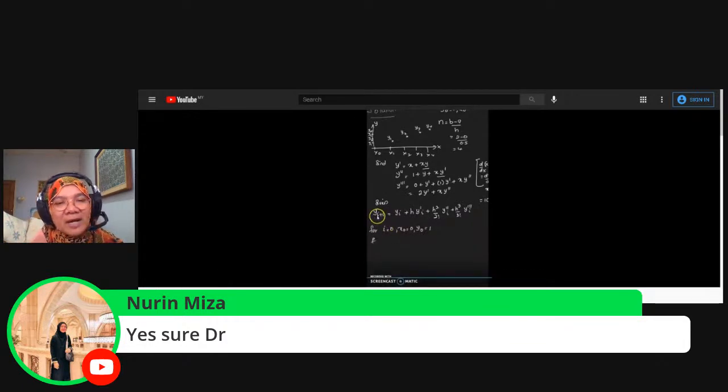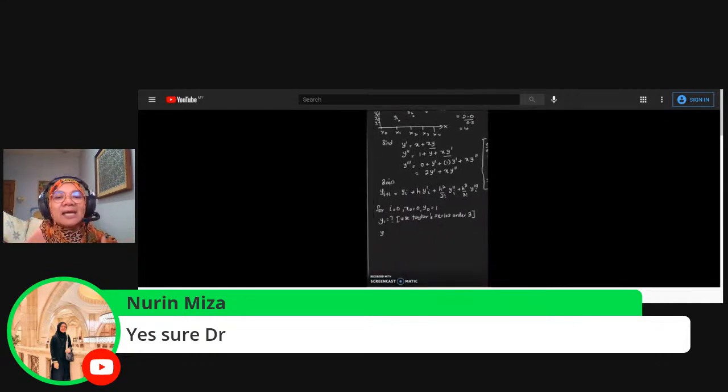So now we have y prime, y prime prime, and y prime prime prime. Now we want to insert the values at i equal to 0, x0 equal to 0, y0 equal to 1, which is given in the question. We want to find y1.